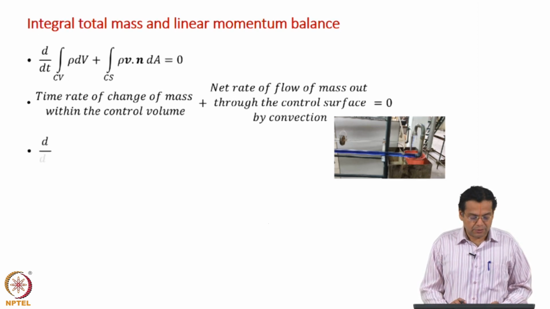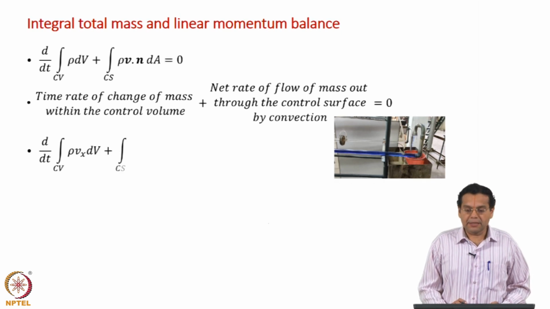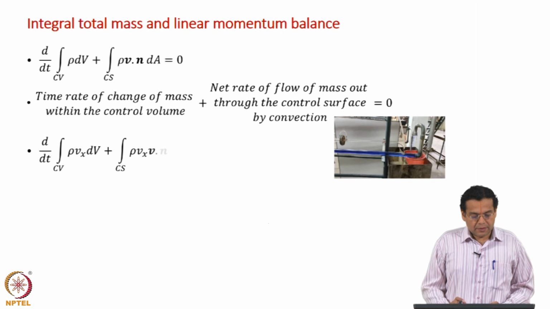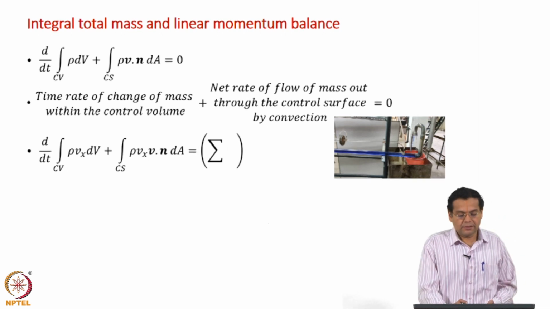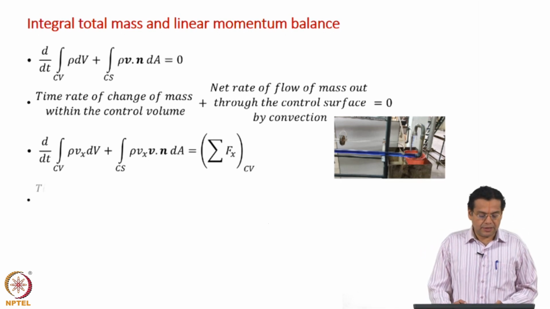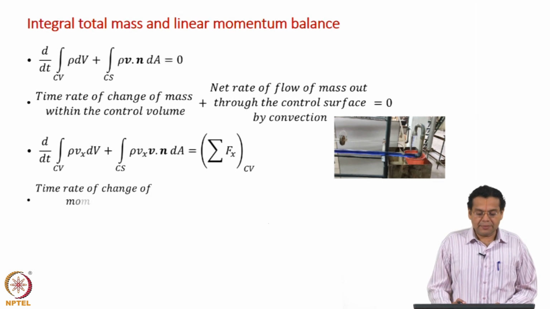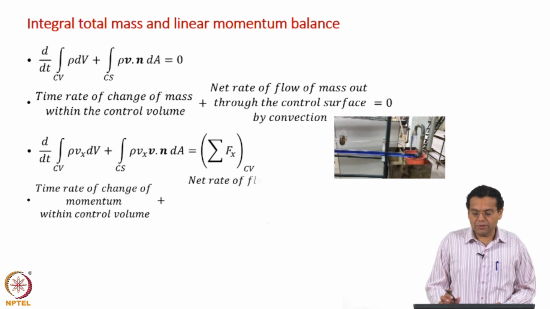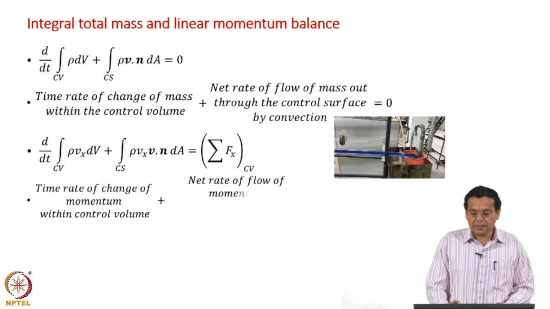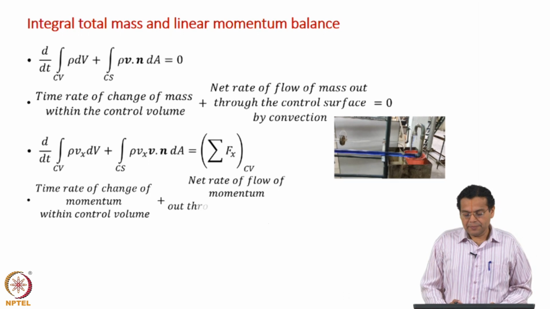Okay. Now, let us write down the integral linear momentum balance in the x direction. Look at the significance: you can almost write analogously the time rate of change of, instead of mass, x momentum within the control volume, and then the net rate of flow of momentum out through the control surface by convection.